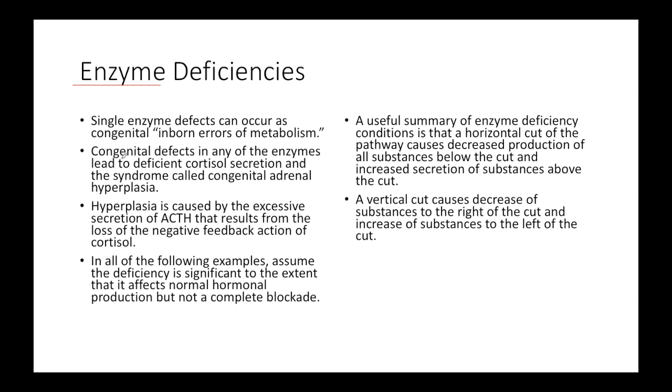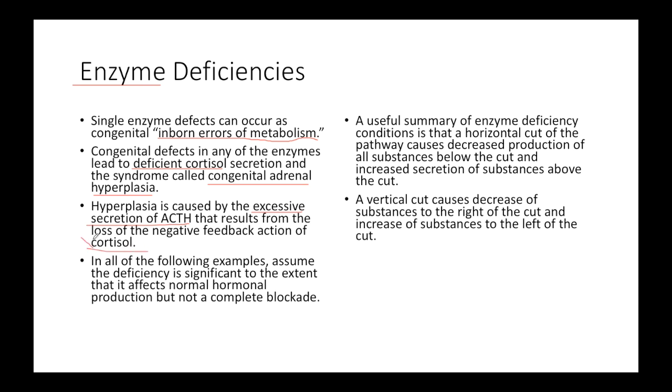You can have single enzyme defects, and they can occur as inborn errors of metabolism. A defect in any of these enzymes can lead to deficient cortisol secretion, and these syndromes are called congenital adrenal hyperplasias. And the reason it is a hyperplasia is because there is excessive secretion of ACTH, because we have lost that negative feedback of cortisol.